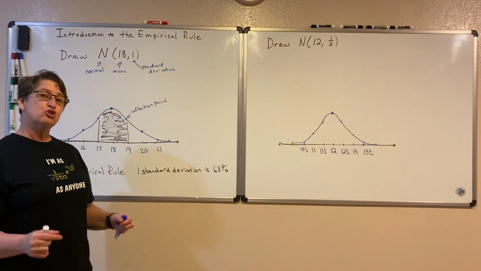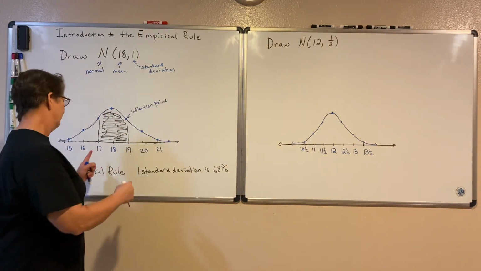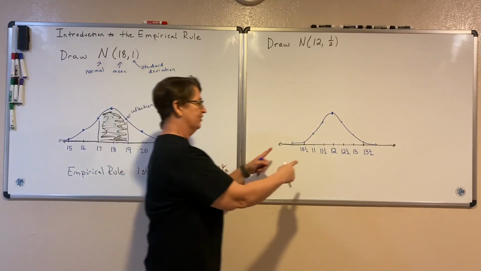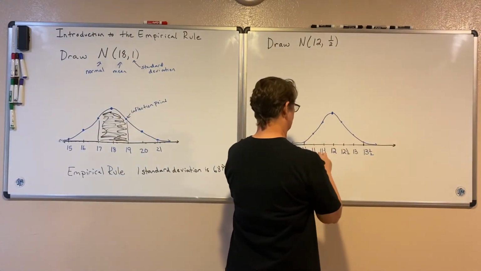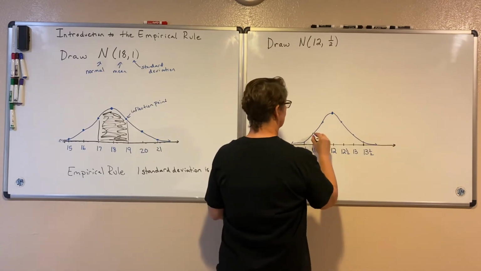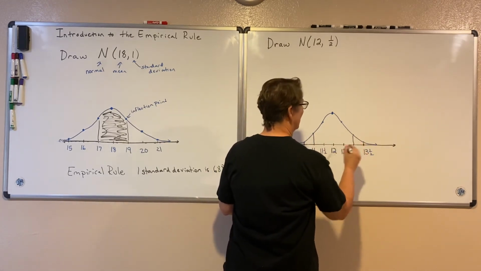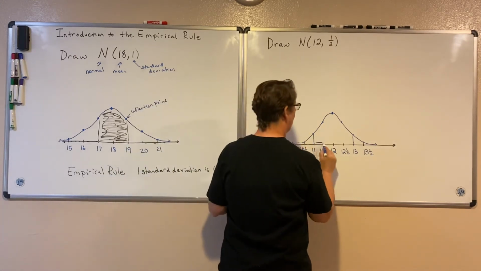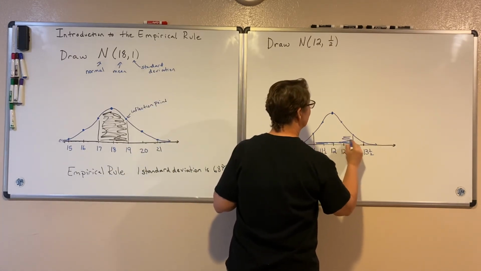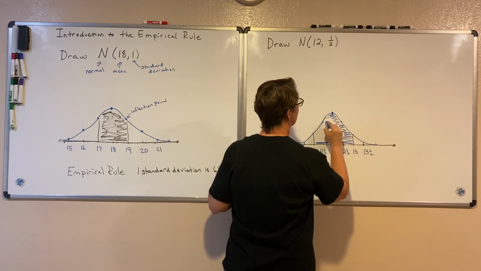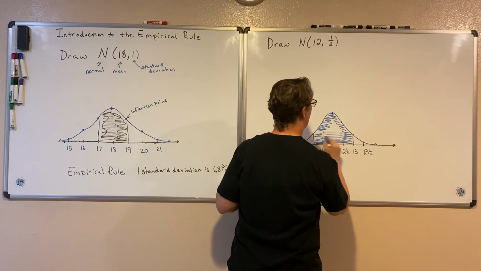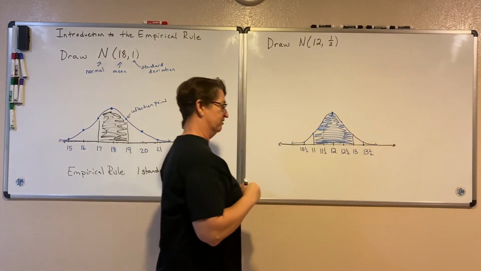Then within 2 standard deviations, so in this case between 11 and 13, makes up 95% of my data, or this is 95% of the curve. So the area under the curve here is 0.95, or 95%.